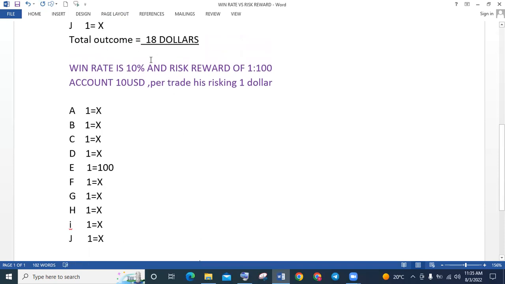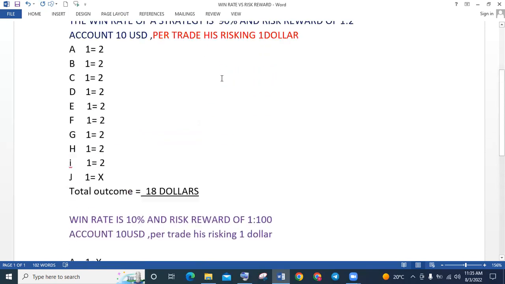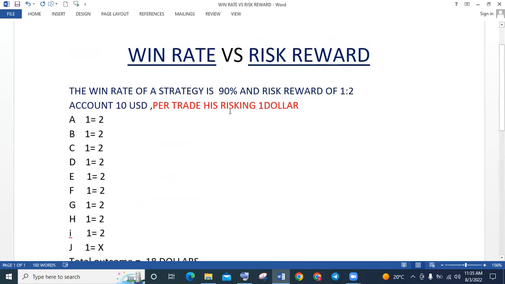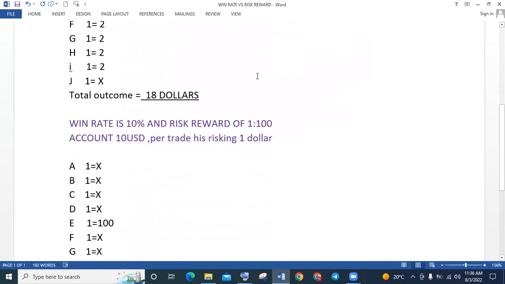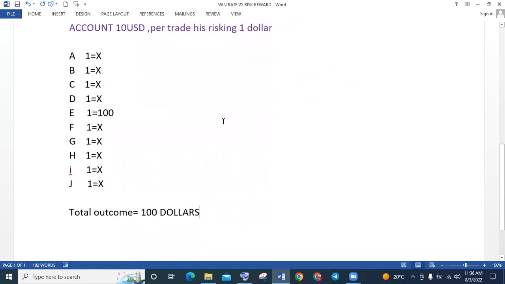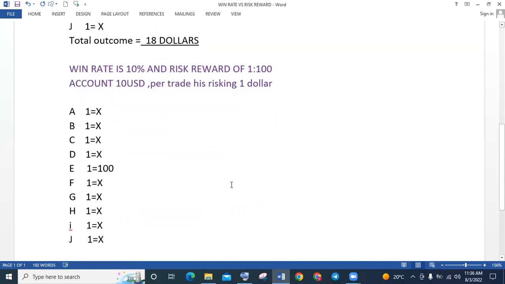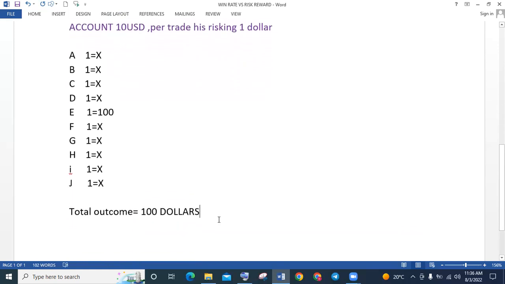A strategy which has a win rate of 10% and a risk reward ratio of 1 to 100, and this person who has a strategy which wins 90% of the time, but the risk reward is 1 to 2. Do you see the difference in the outcome? These are the differences in the outcome.